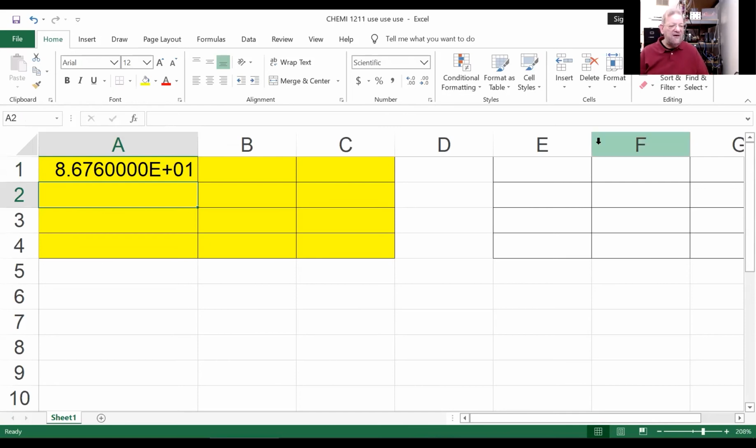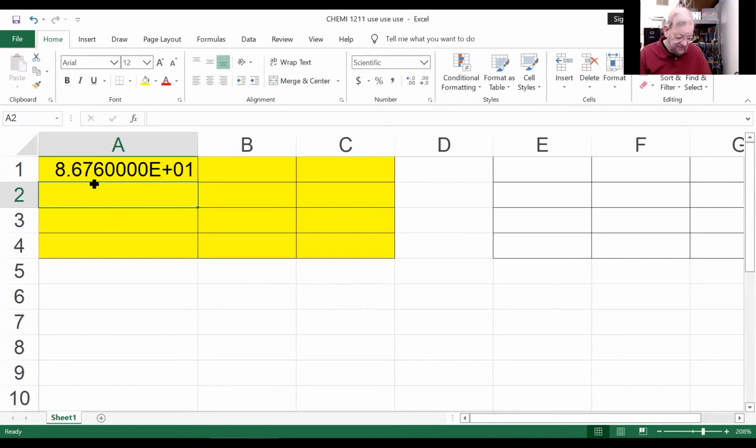And if you round that off to 3 significant figures, keep the 8, keep the 6, keep the 7. Use the 6 to round off. That's 5 or higher. I'm going to drop that and the rest of the zeros. Increase this by 1. The 7 becomes an 8.